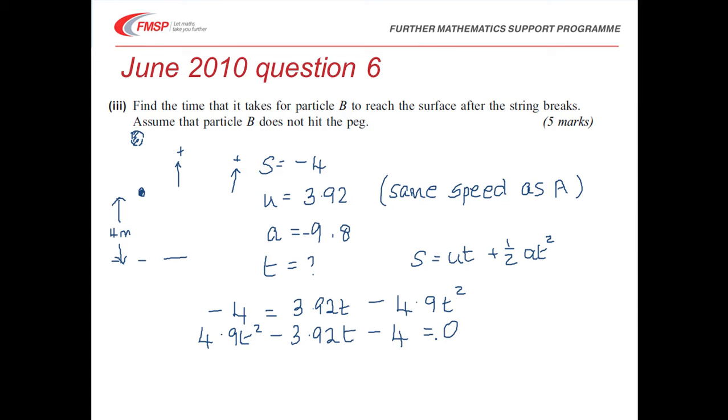And so we need a quadratic formula now to solve that, and because it won't factorise, you do need to substitute that into a quadratic formula.